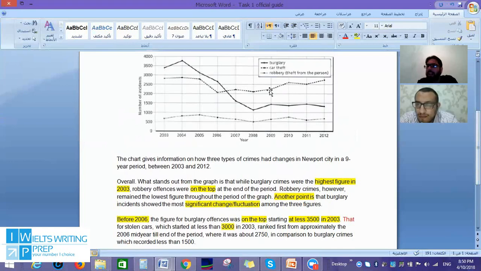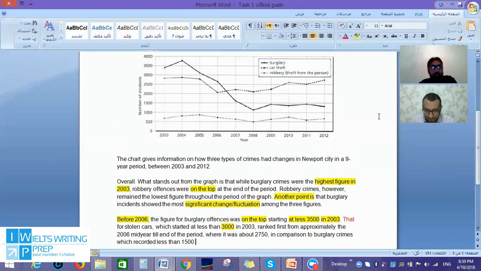What we need to show the examiner is that I'm being selective. I am selecting information, not just giving you everything. I'm choosing what I think really stands out. So here it would be better to have highest and lowest, and we could also mention that at one period this was the highest and then it dropped.